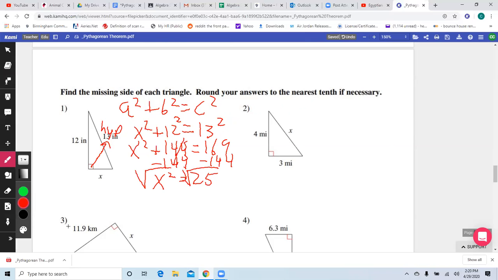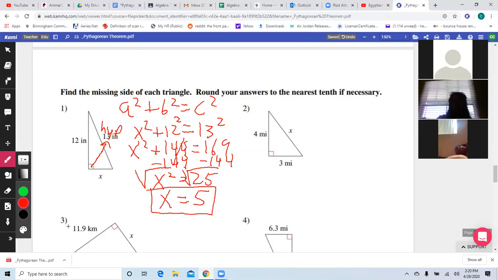And the square root of 25. Now, we've taught you before that you have to put plus or minus when you take the square root in an equation. However, since this is triangles, you can never have a negative length. So we only choose the positive one. So x is equal to 5. Okay, does anyone have any questions on how that was set up? How it was solved?